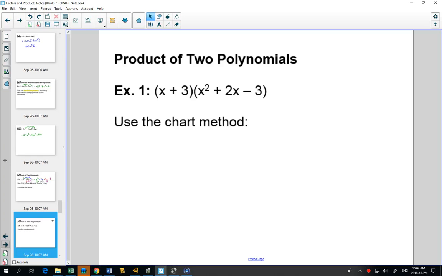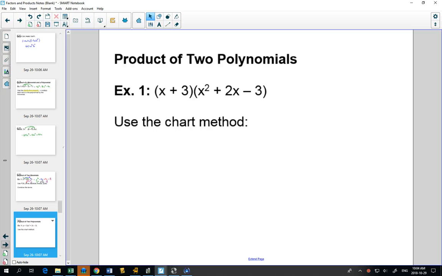And I showed you this already with area as well. One method is the chart method. I find that most students end up using something similar to FOIL with arrows as well.